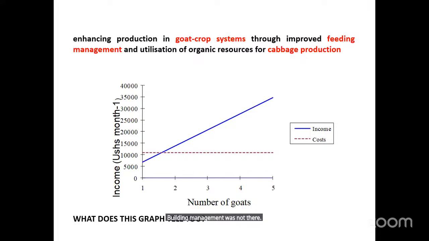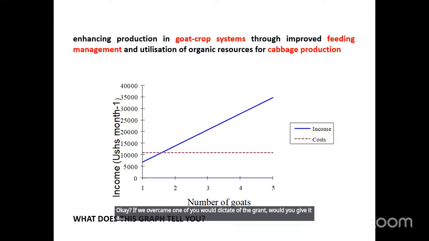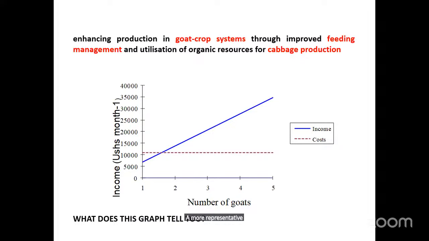And the cabbage production is not evident in this graph. So that title has a weakness. If we had time, one of you would give the graph a more representative title.